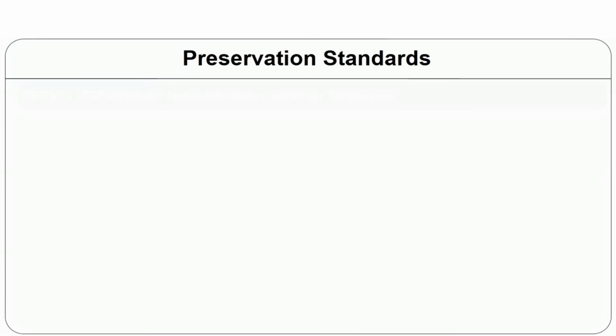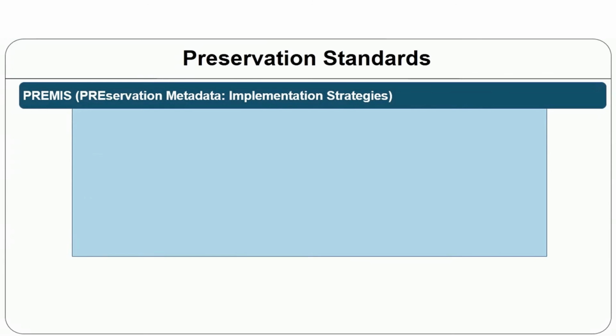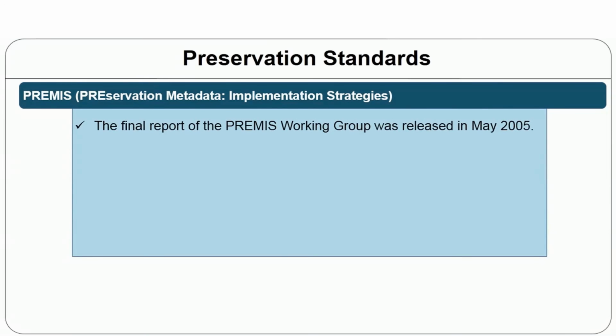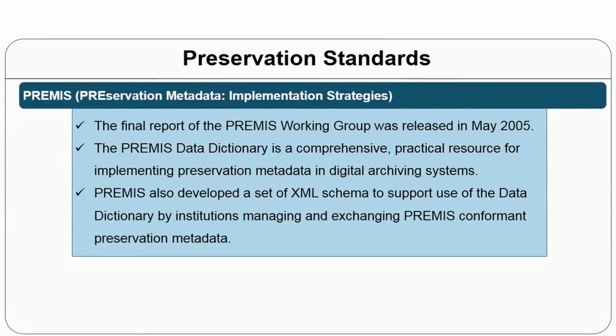And finally, we are coming to the preservation standards. One preservation standard is PREMIS, Preservation Metadata: Implementation Strategies. It was released in 2005, not very old. This is for preservation; for any digital document to be preserved, you need a standard. The PREMIS data dictionary is a comprehensive practical source of implementation.